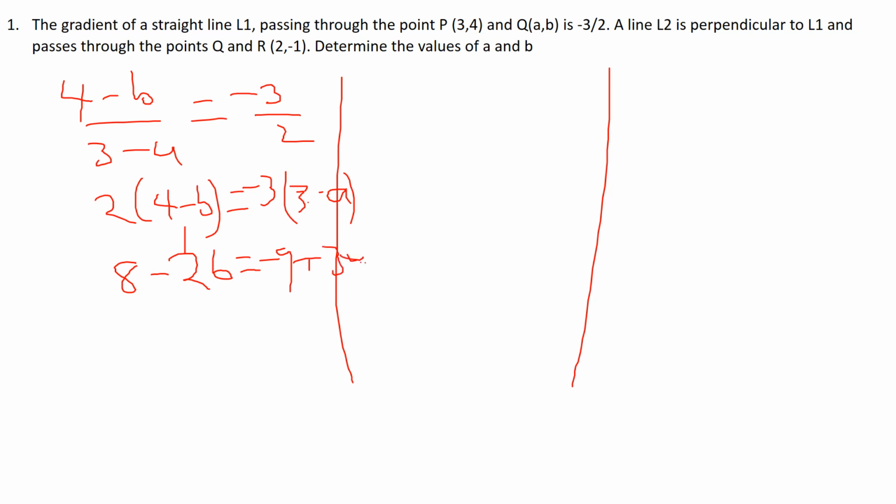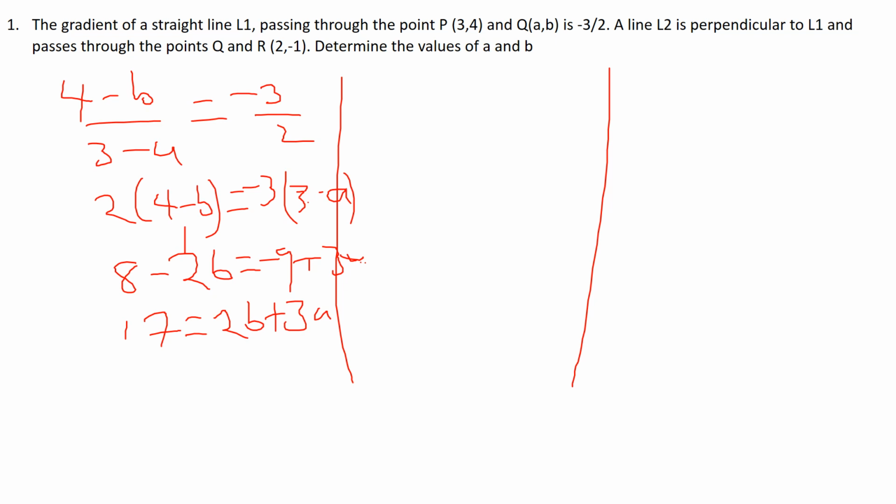Now we can put the right terms together. This one is the same as 17 is equals to 2b plus 3a. So that is equation 1.